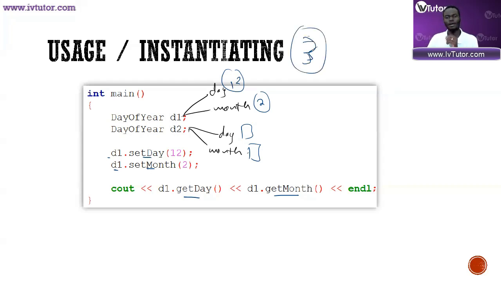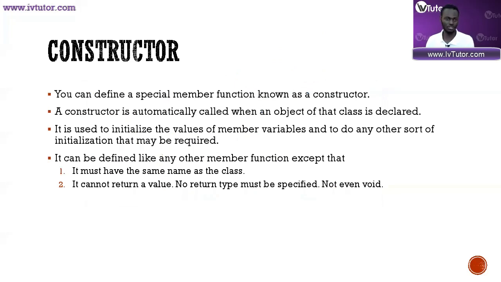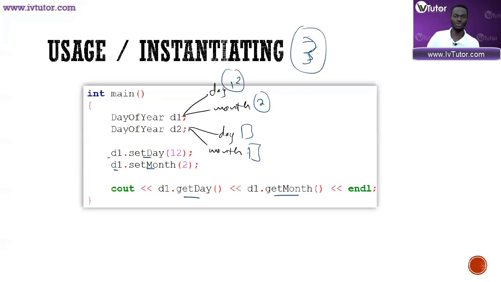Now, I want to talk about a constructor, which is also another special function within your class. Whenever you instantiate your objects, and I'm talking about these 2 lines here, whenever you make a variable of type day of year, D1, your compiler goes and executes your constructor.